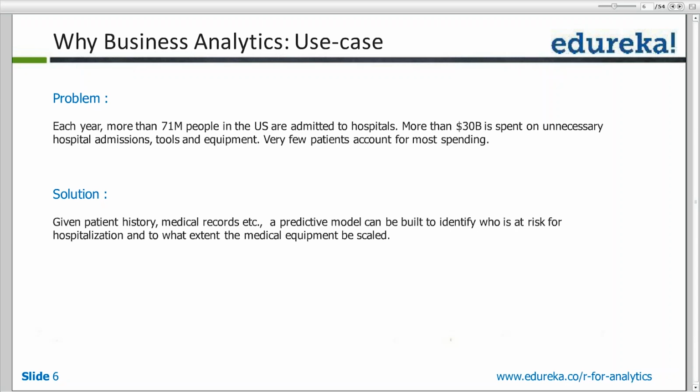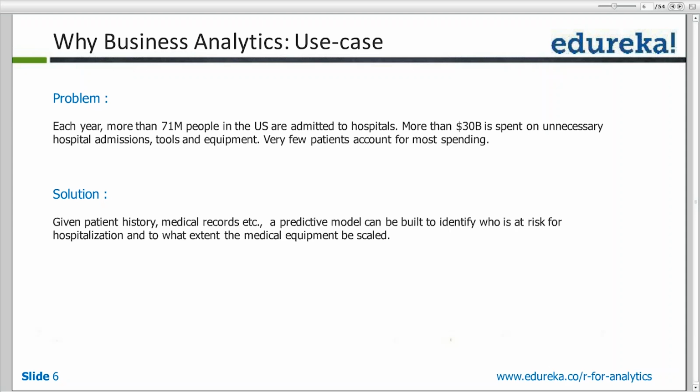The other use case that I'm sharing here finds relevance in the medical industry in the United States, or for medical industries in general, because I'm going to speak about a US example, but it should be true to the medical industry in general. Apparently, there are 70 million people who are admitted to hospitals in the US each year on an average.